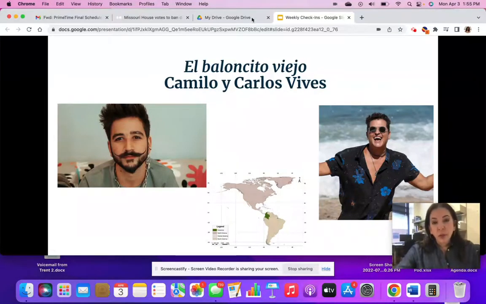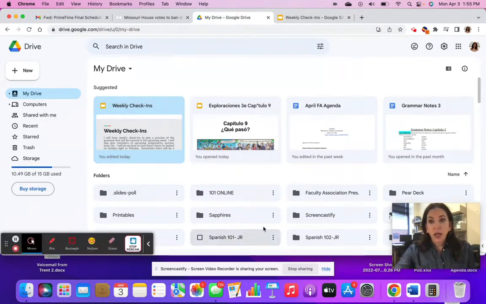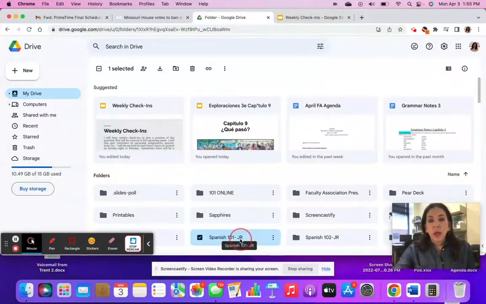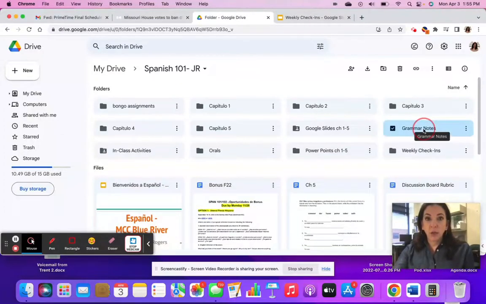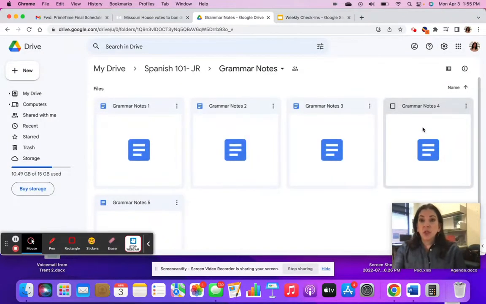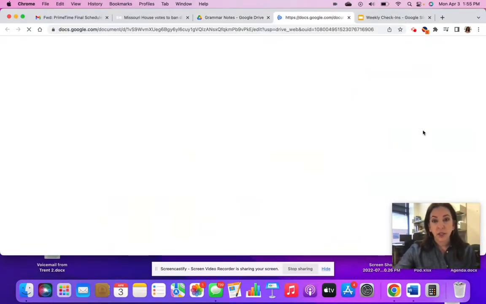So as a reminder, your grammar note for capítulo cuatro, so I'm going to pull that up, has these verbs in there. So I suggest that you always have that grammar note handy so that you can use it and follow along as you're going through your mind tap work and studying and so on and so forth.